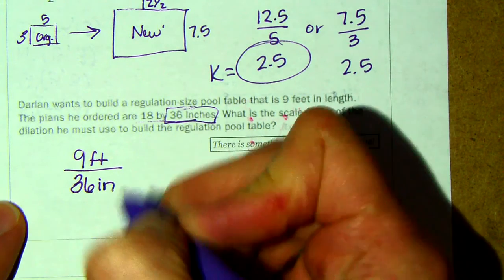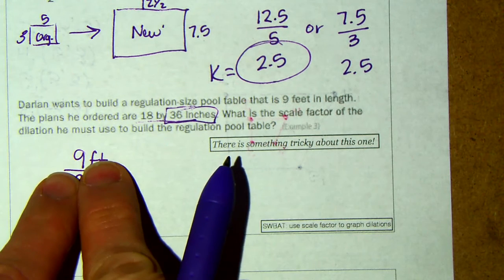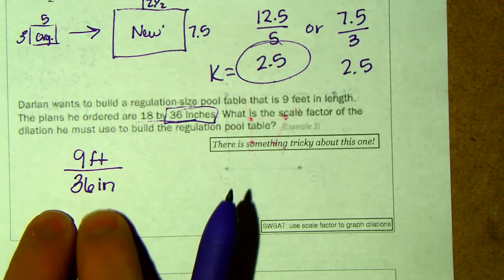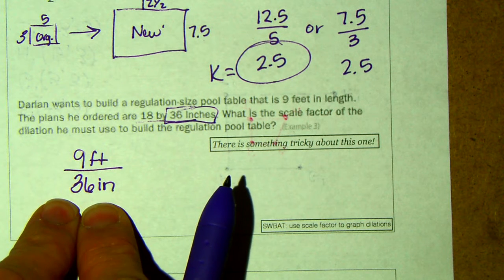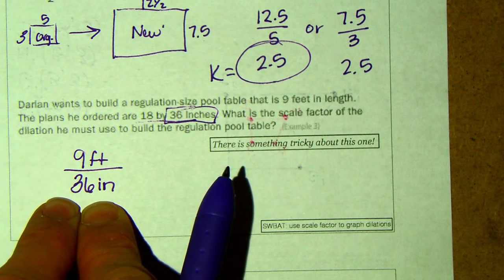Now when we are giving a scale factor, we must be in the same unit. So whether you change the 9 feet to inches, or the 36 inches to feet, because 36 inches goes very nicely into feet, right? How many feet is that? 3. Whether you change it both to feet, what's 9 divided by 3? 3.